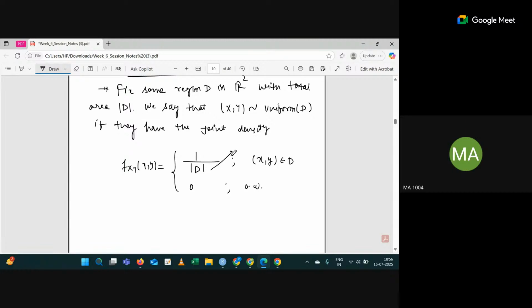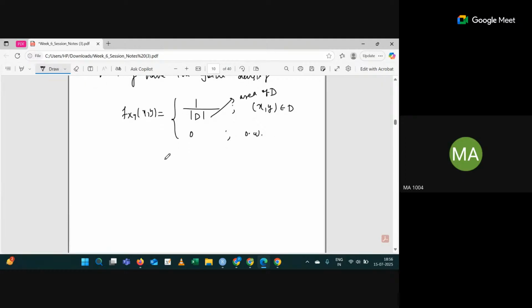So you have to find the area of D and substitute it, doing 1 upon that. What is D usually? Let's say D is the Cartesian product of [a, b] and [c, d].